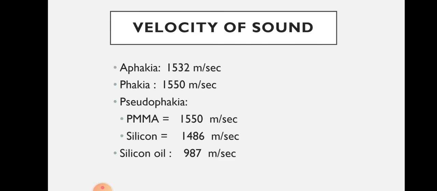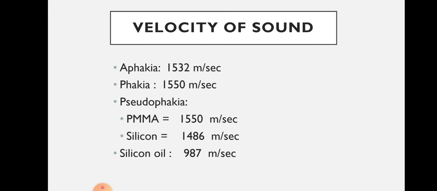Now the velocity of sound varies in different eyes. In aphakia the velocity of ultrasound is 1532 meters per second. In a phakic eye the velocity of ultrasound is 1550 meters per second.